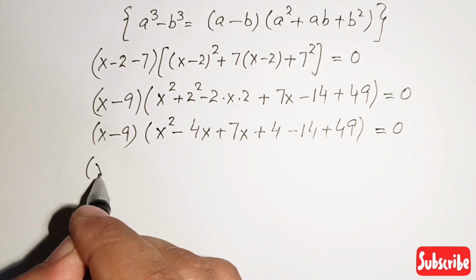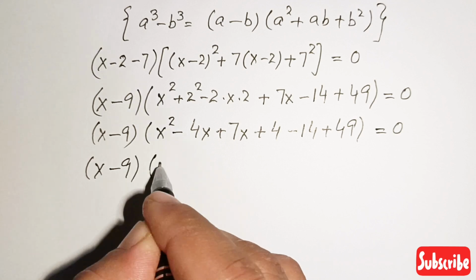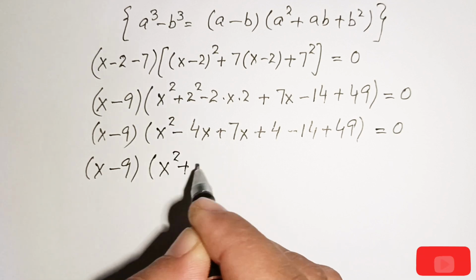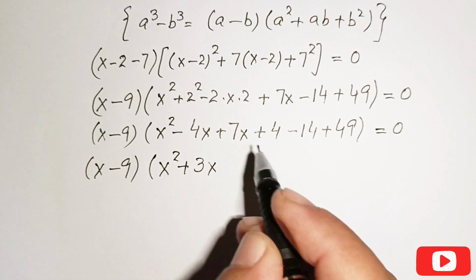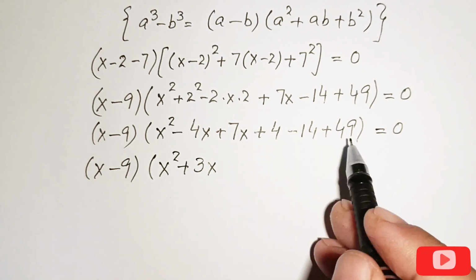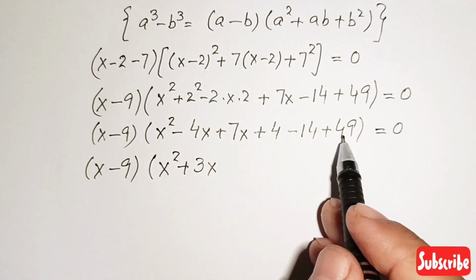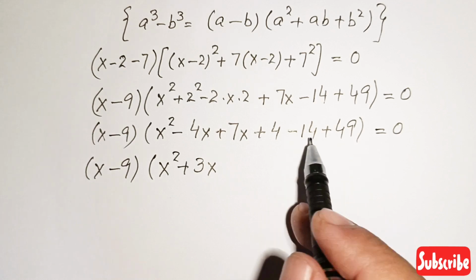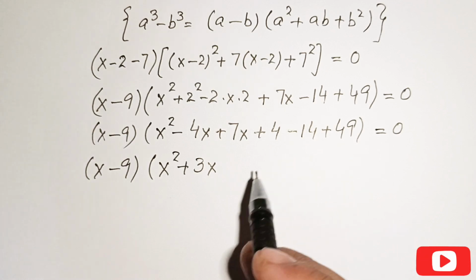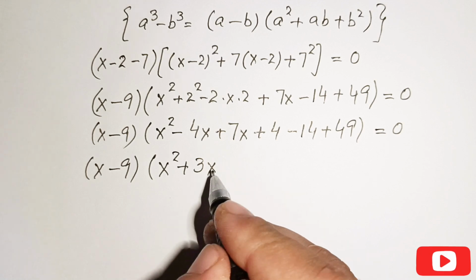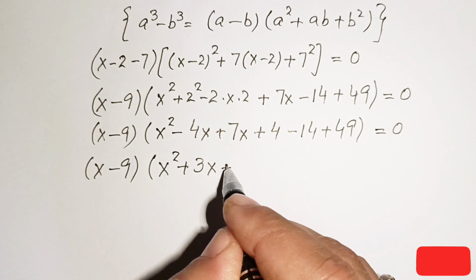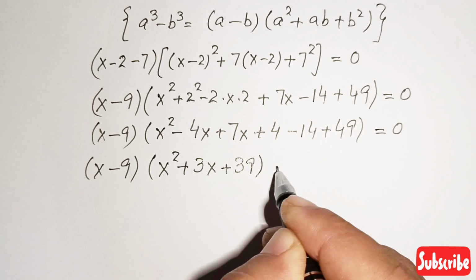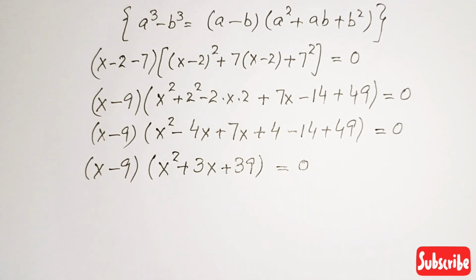Now (x minus 9) times (x squared plus, here we get 3x, and plus 4 plus 49 is 53, then minus 14, we get 3x plus 39) is equal to 0.